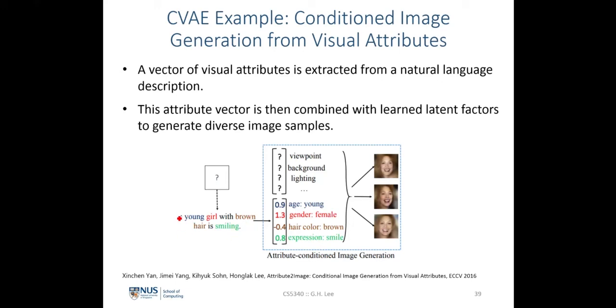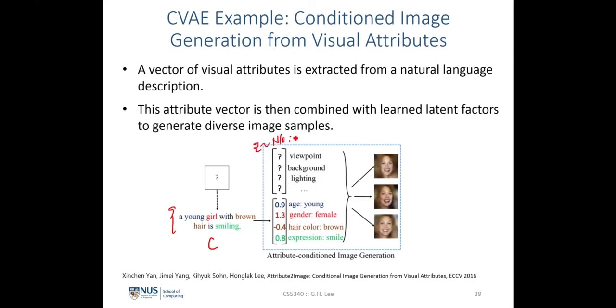So this is what I want to condition upon, such that the outputs here would be different samples of the young girl with brown hair who is actually smiling, and this would be my condition, my C over here, and the variations on this from these images would be determined by the random sample that I draw from the normal distribution.